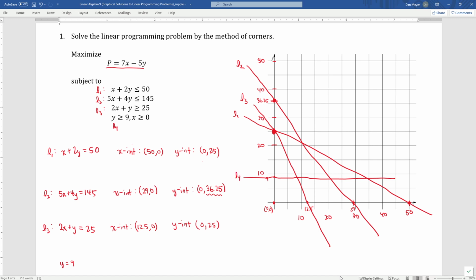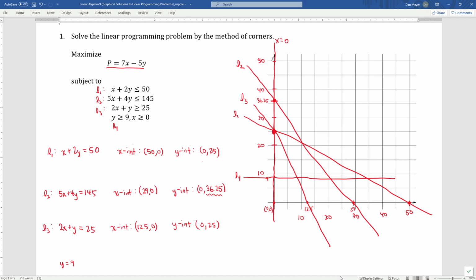And then x equals 0 is the y-axis. Those are all the points where the x-coordinate is equal to 0. All right.